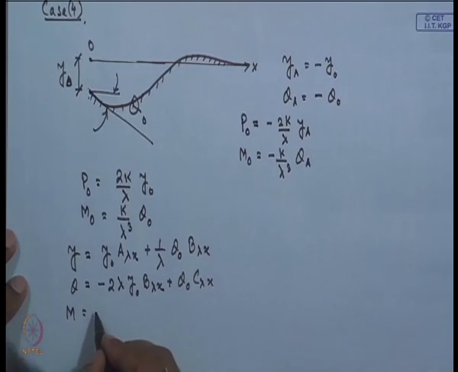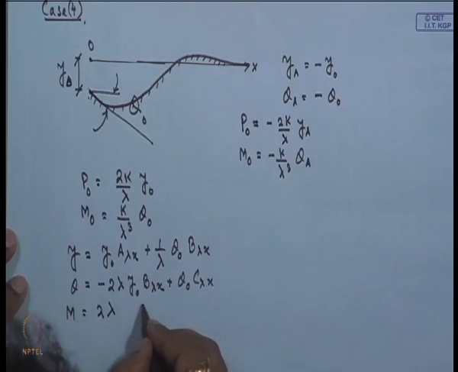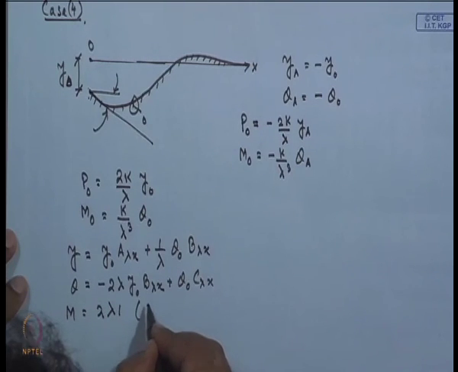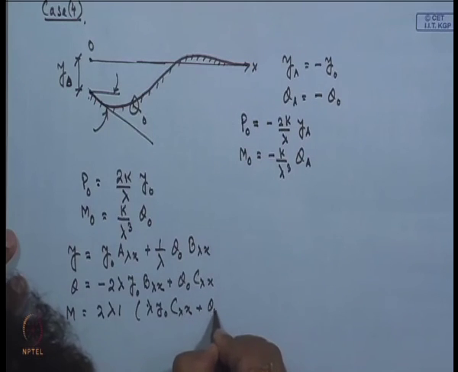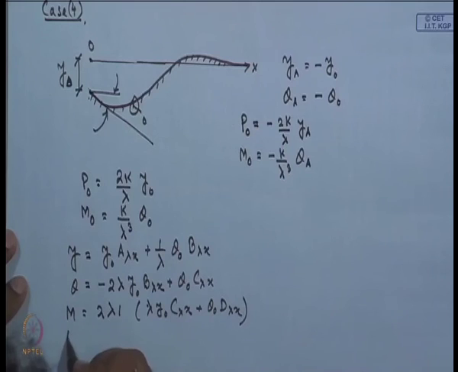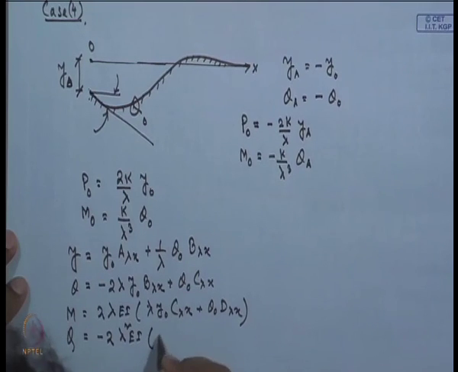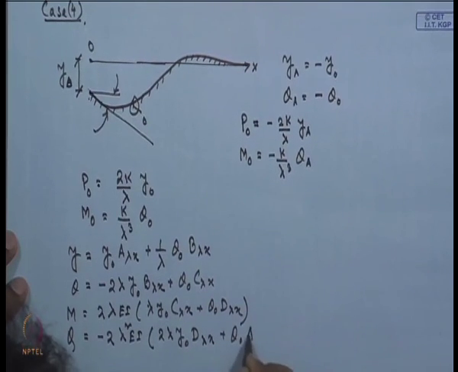M will be equal to E I by lambda, times 2 lambda y 0 c lambda x plus theta 0 d lambda x, and q is equal to minus E I lambda square, times 2 lambda y 0 d lambda x plus theta 0 a lambda x.